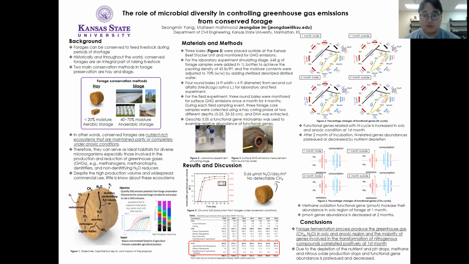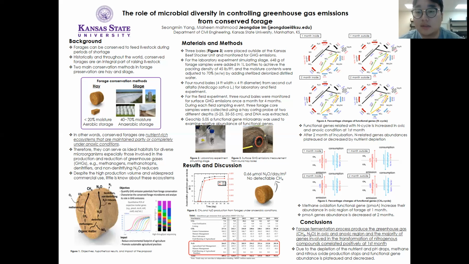So we want to know what kind of things are happening in this fermentation. So we did the microarray analysis. First of all, the functional genes related to the nitrogen cycle increased in oxic and anoxic conditions in the first month.